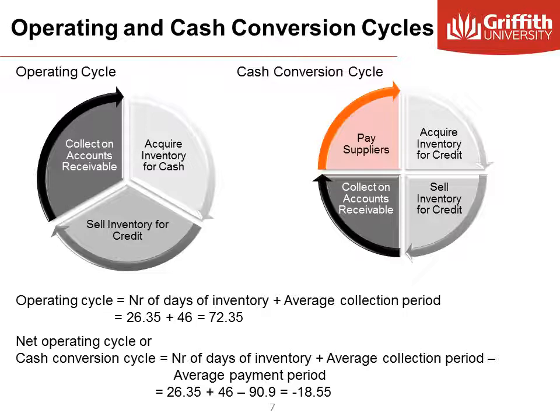It is basically a measure of how long cash is tied up in working capital, and this figure can be positive or negative. A positive cash conversion cycle means that, at the current state of operation, the entity is taking more time to generate cash as compared to the time required to make payments.